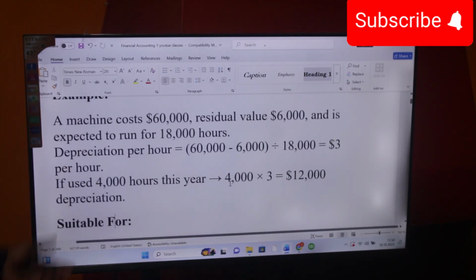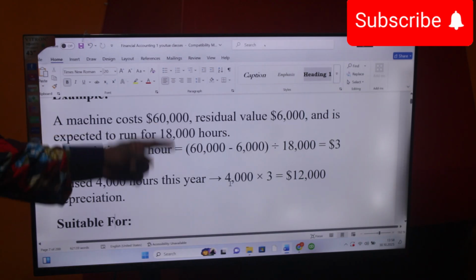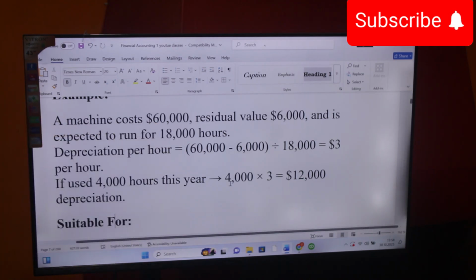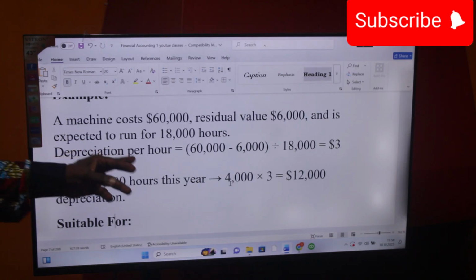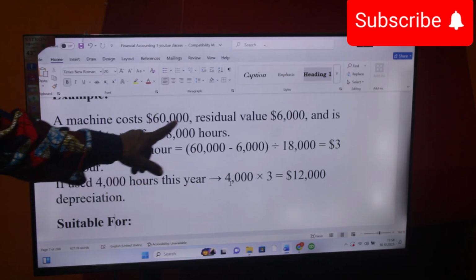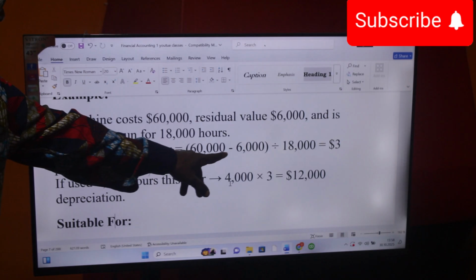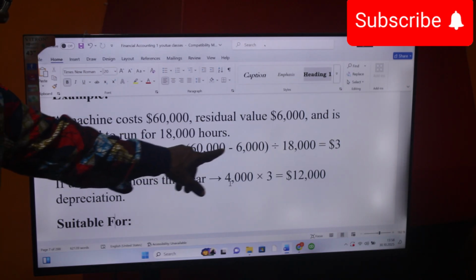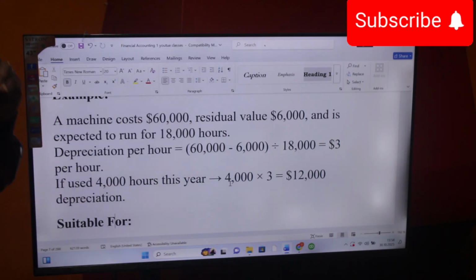And here we are told, as an example, a machine costing $60,000, residue value is 6,000, and is expected to run for 18,000 hours. So for depreciation per hour, 60,000 minus 6,000, we get the amount that can be depreciated. We are saying that 6,000 is not depreciable.